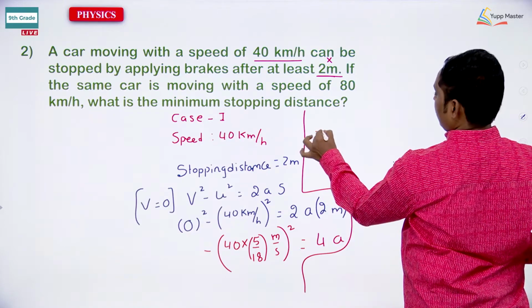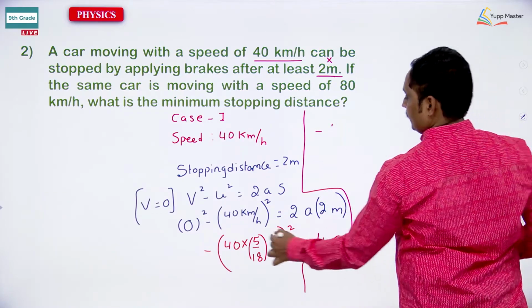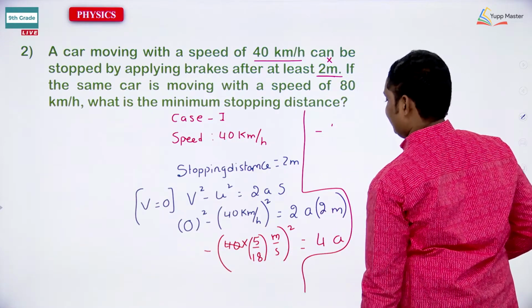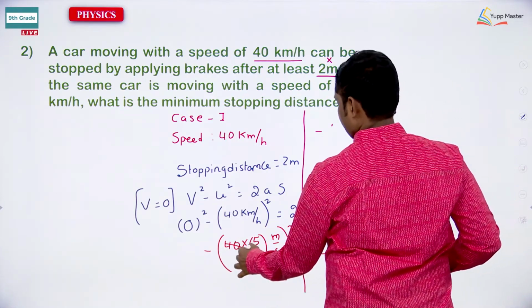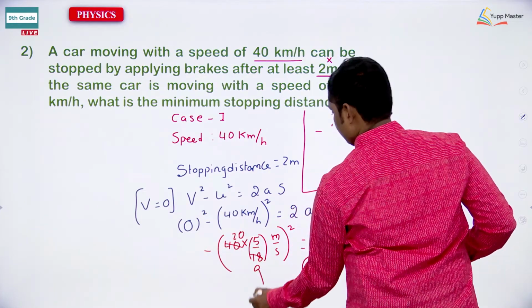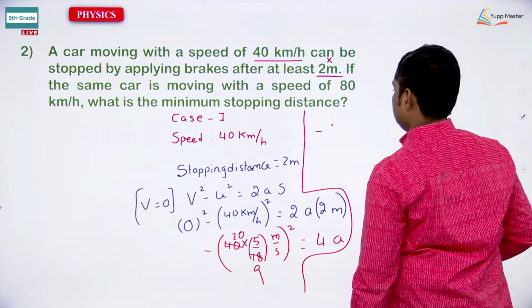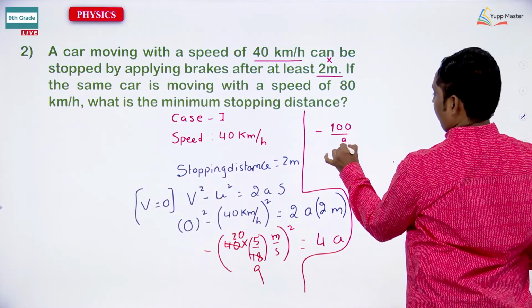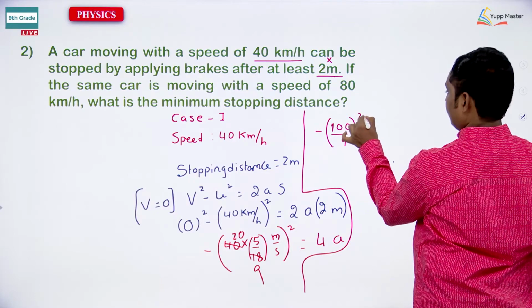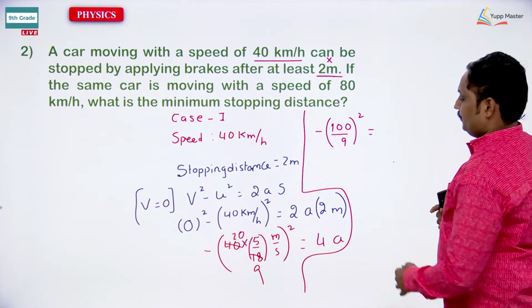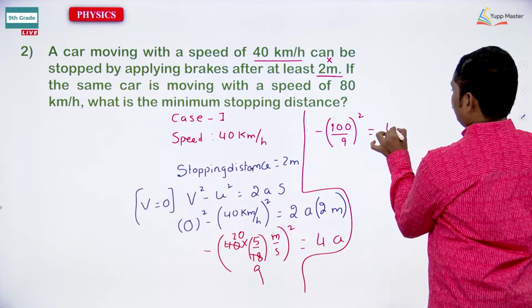Therefore, minus, you have to take the cancellation, that is 9 times, so 100 by 9 whole square. Later we will see the units. Now that is equal to 4a.